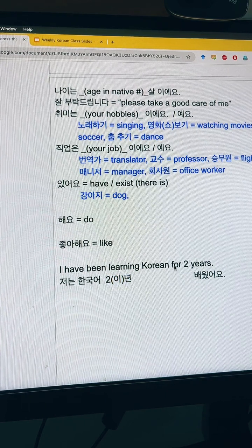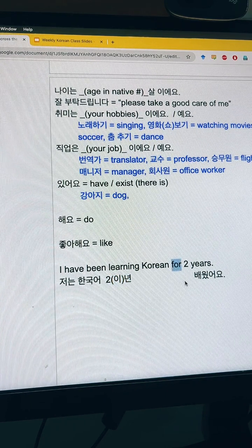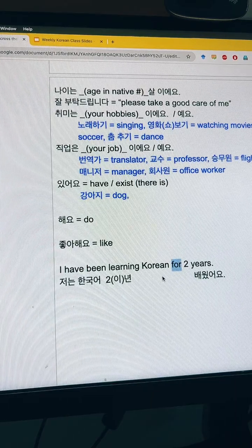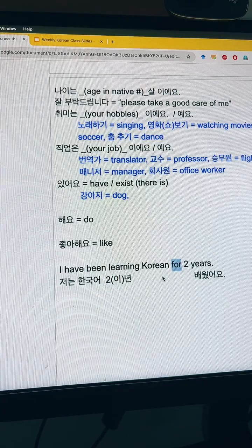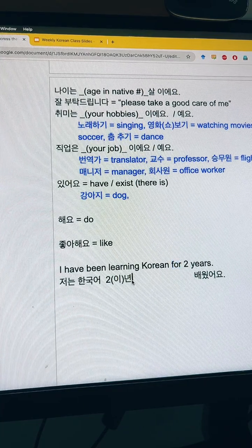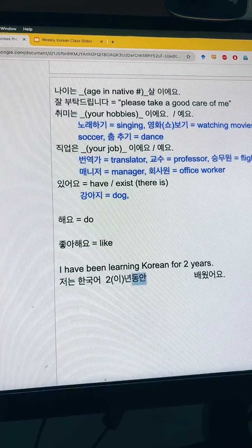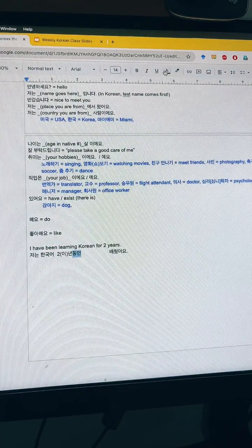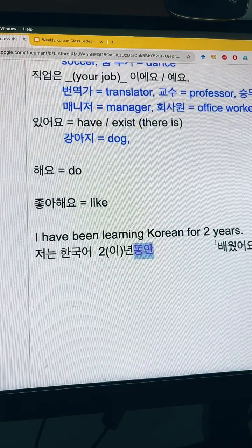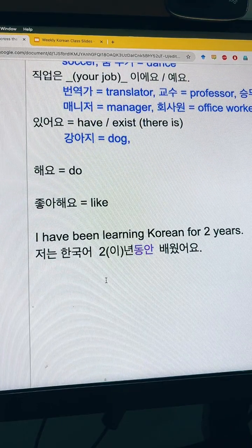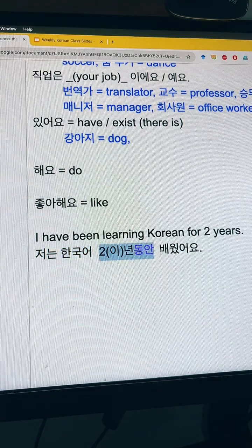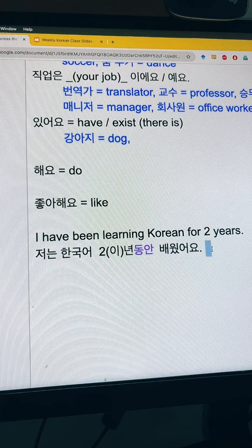So now you need the word for. For this time means like throughout the duration of, right? That particle is 동안. So 동안 actually would be a particle. So particles, we're gonna do it in purple. So this is how you say it. 저는 한국어 2년 동안 배웠어요. Does that make sense?